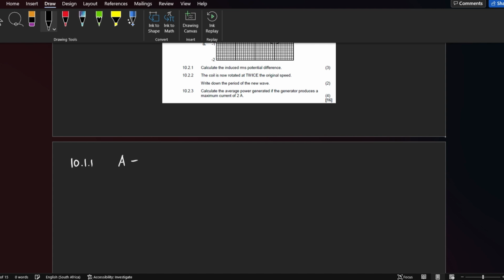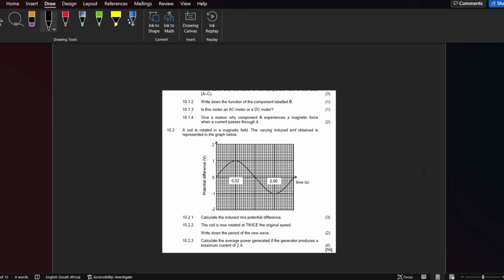So A was our coil, B was our carbon brush, and C was our split ring commutator. Okay, and those are the parts they asked us to label.